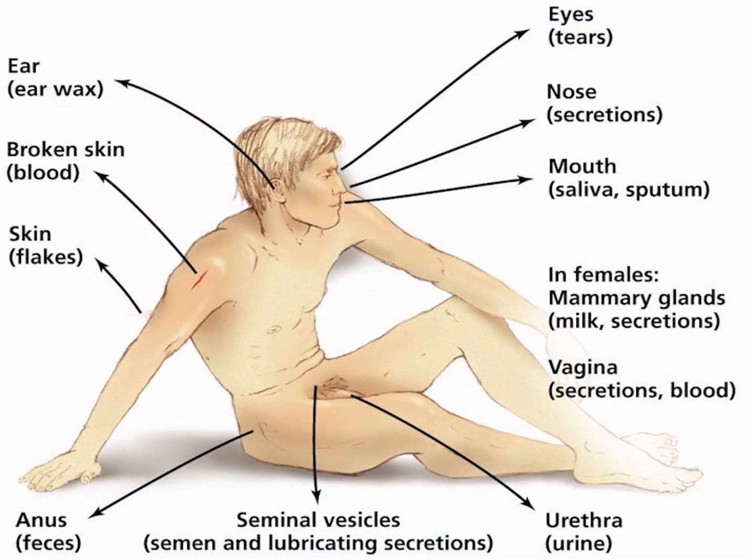So again, this picture just shows a lot of those portals of exit, and you'll notice they pretty much are going to be the same things that are the portals of entry. Even broken skin, where we have blood leaking out, can actually be a portal of exit.